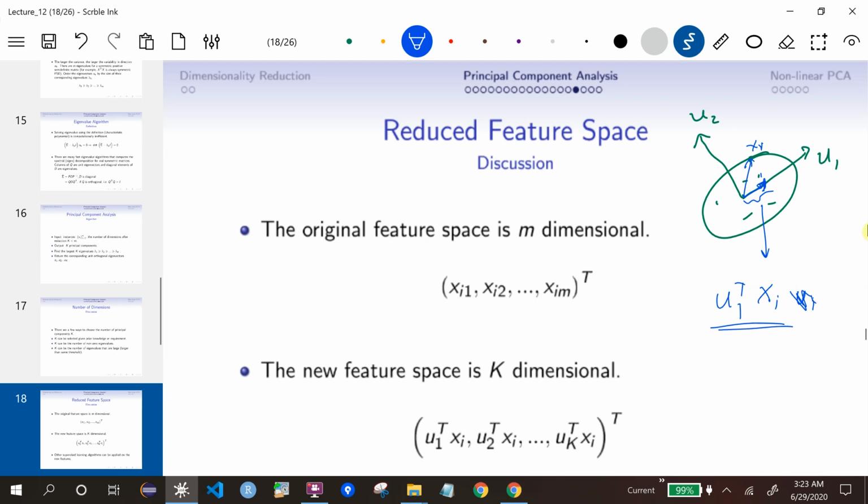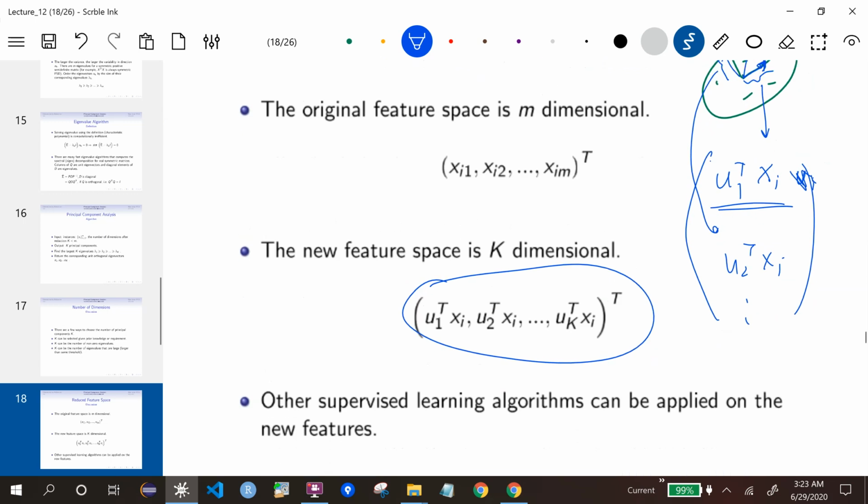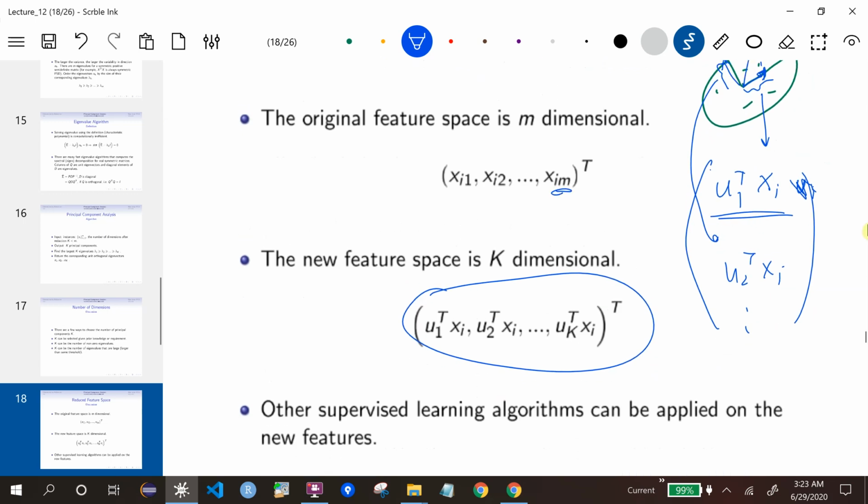If we want both of them, then we can also project it onto the second principal component, and that value will be U2 transpose xi, and then we can have as many as we want. This is basically the new feature space. The original feature space is m-dimensional here. If we choose a k that's significantly smaller than m, then we have a lower-dimensional feature space with fewer features.